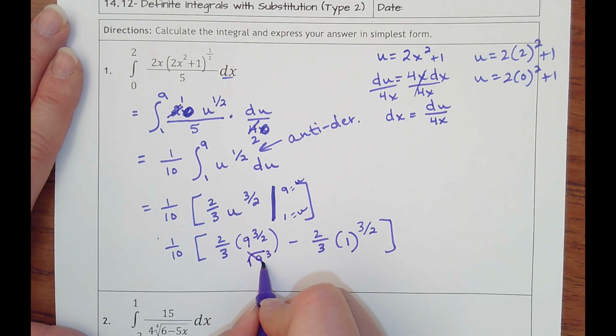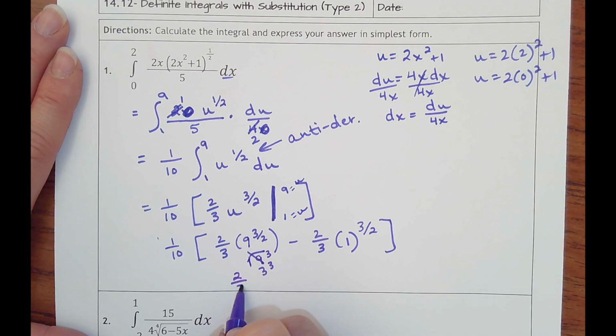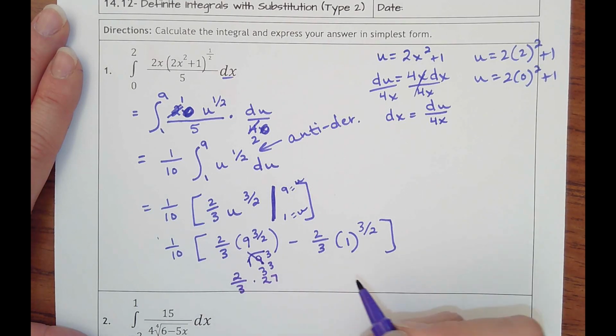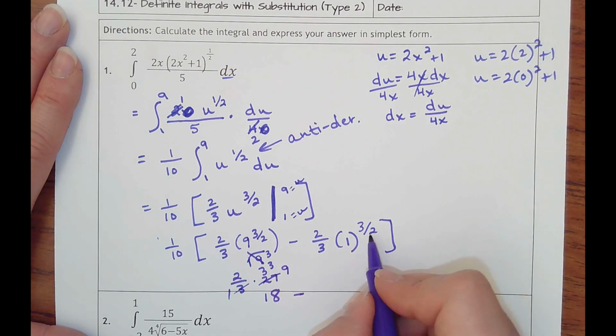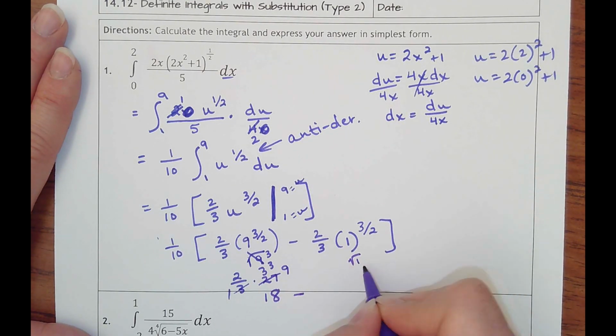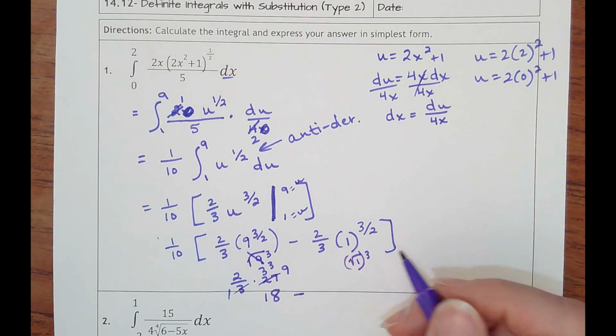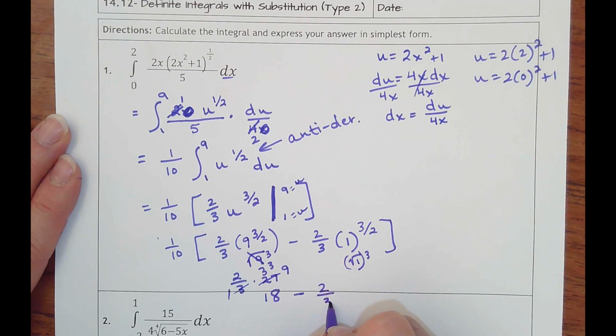Well, what's the square root of 9? That's 3. What's 3 cubed? That's 27. So I'm taking 2/3 times 27, which that'll make a 1 and a 9, so that I actually get 18 here. Minus, well, square rooting 1 is 1. 1 cubed is still 1. So that's minus 2/3. And then that times a 10th.